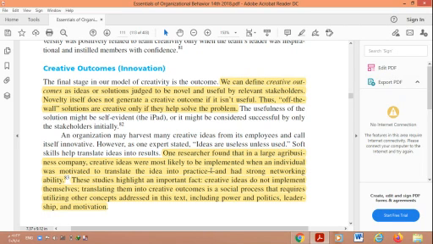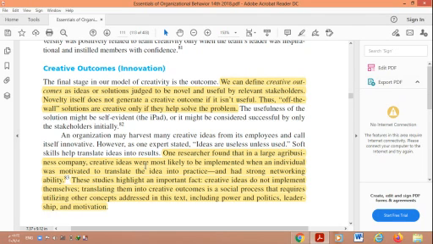One researcher found that in a large company, creative ideas were most likely to be implemented when an individual was motivated to translate the idea into practice and had strong networking ability. These studies highlight an important fact: creative ideas don't implement themselves.